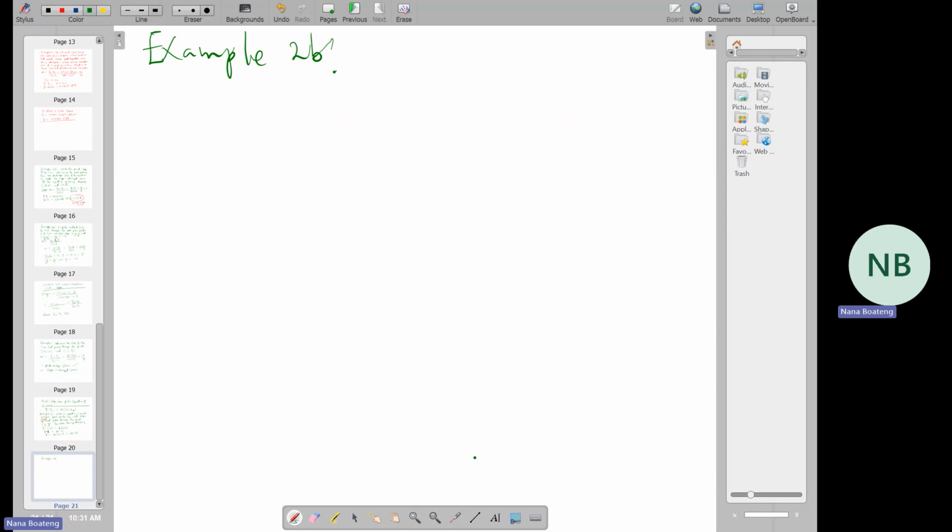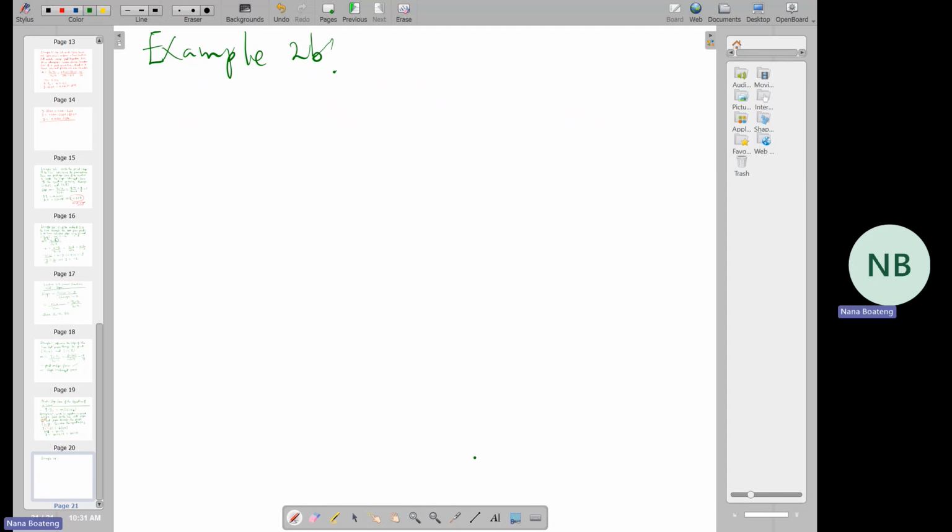So we can substitute this into the formula. That will give us y minus y1, which is 8, is equal to m, which is 1, times our x minus our x1, which is 0.